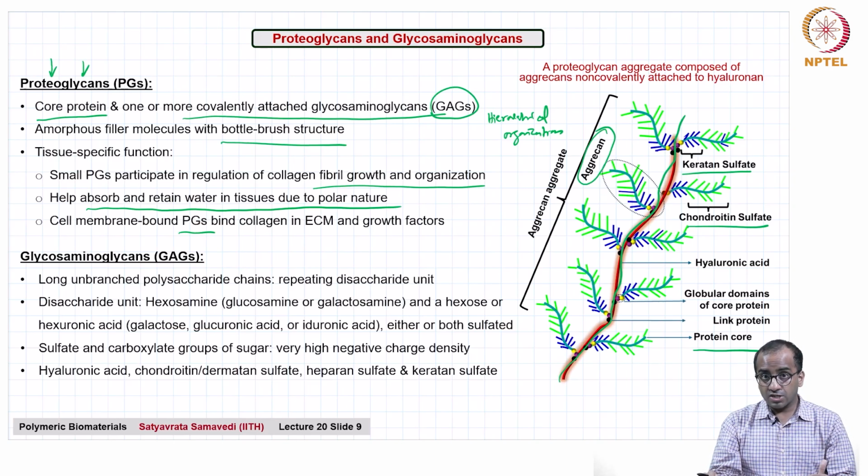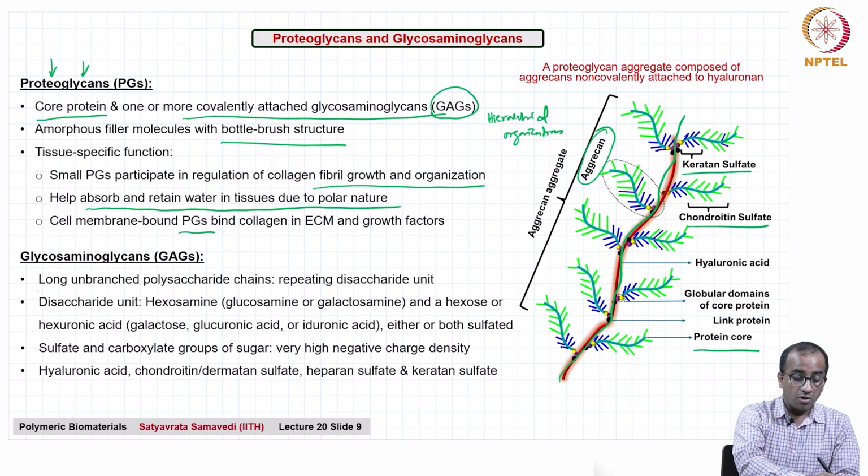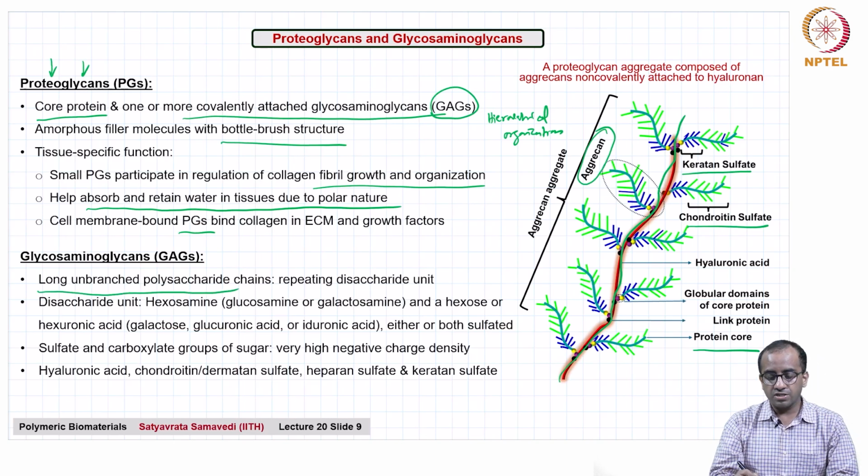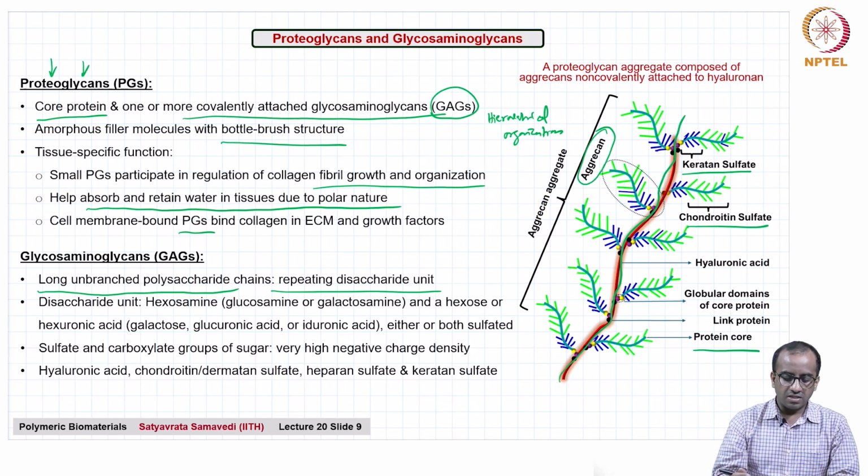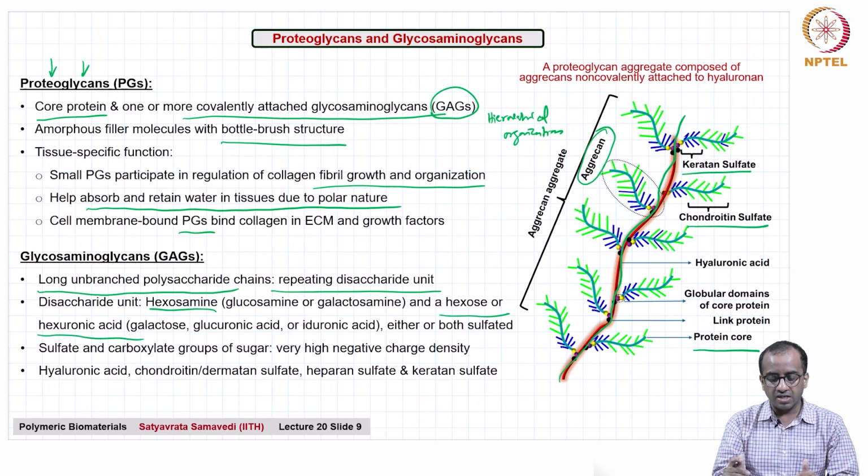Glycosaminoglycans are attached to proteoglycans and form the polysaccharide part of the proteoglycan. These are essentially long unbranched polysaccharide chains with a repeating disaccharide unit. Now, this disaccharide unit is typically a hexosamine, either glucosamine or galactosamine, and a hexose or a hexuronic acid such as galactose, guluronic acid or iduronic acid, either or both sulfated, and that leads to a lot of negative charge.